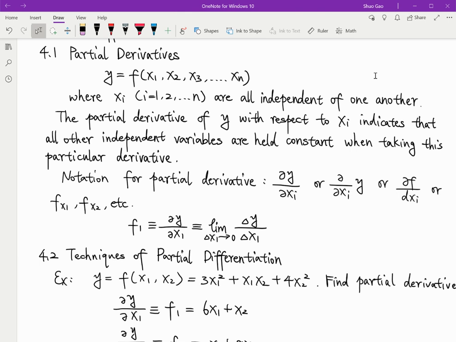So y is a function that has a lot of variables. It's not like f of x, where x is the only variable. But y has a lot of variables from x1 to xn, so all the variables can affect the value of y, not only x1 or x2 itself.